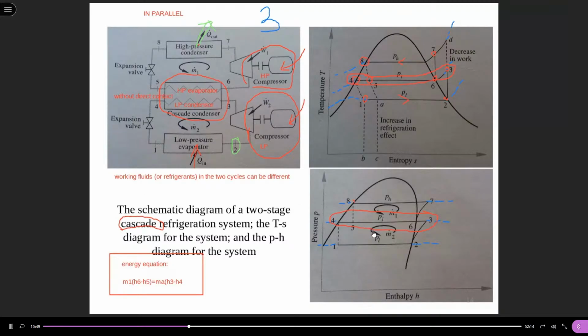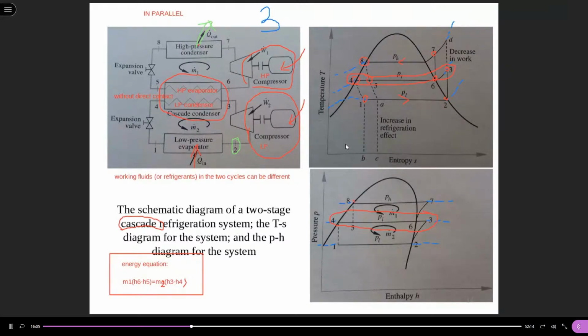I think we have introduced it during our lecture on the heat exchanger.